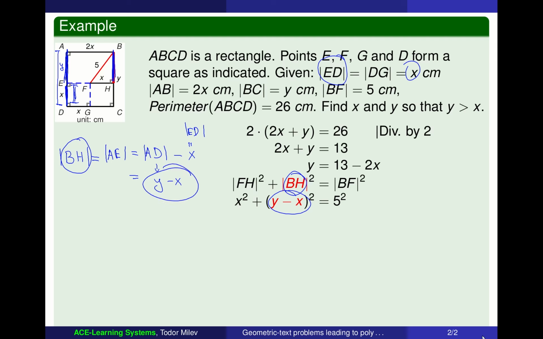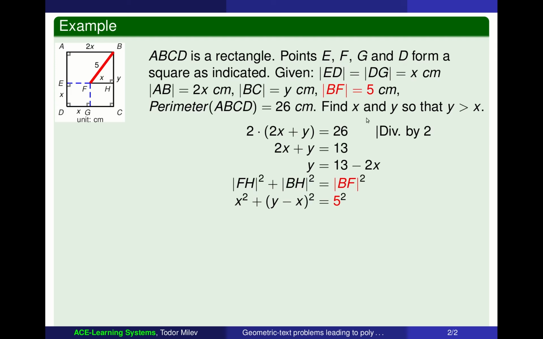All right. And finally, I was given in the problem that the segment BF, this diagonal here, equals 5. So BF squared is 5 squared. Now, let me uncover the parentheses a little bit. Y minus x, the whole thing squared, well, that certainly is equal to y squared minus 2xy plus x squared. That is simply the quadratic formula.